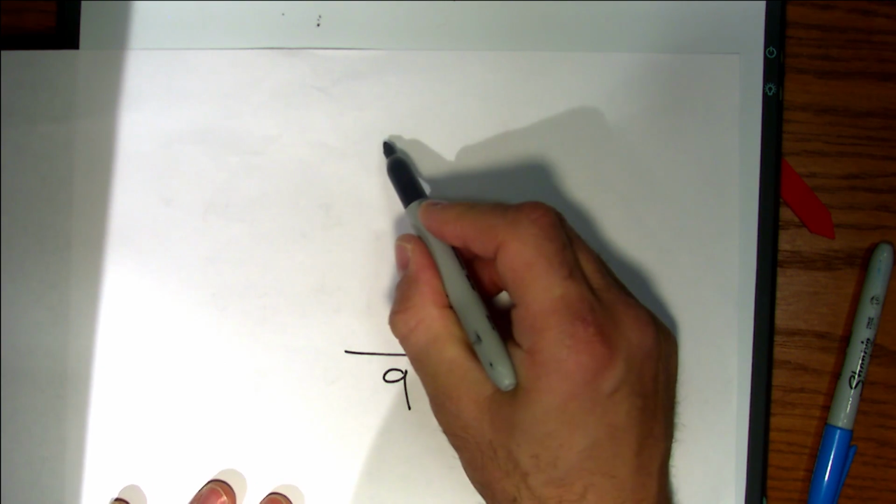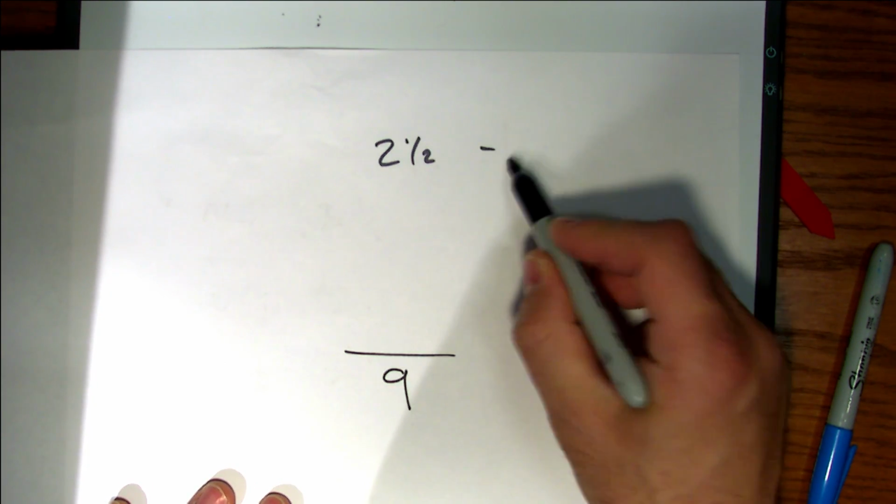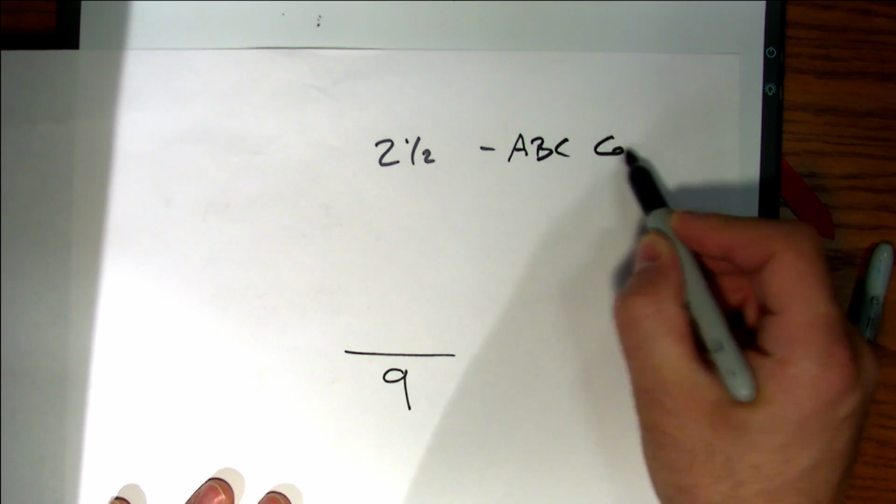Good. Anybody else? Okay, when I was in public accounting, I had to do this. What I would do is get to the end of a 9-hour day, and I would say, okay, for 2.5 hours, I worked on ABC Company.